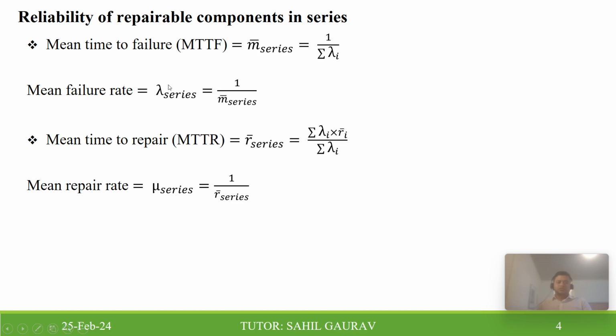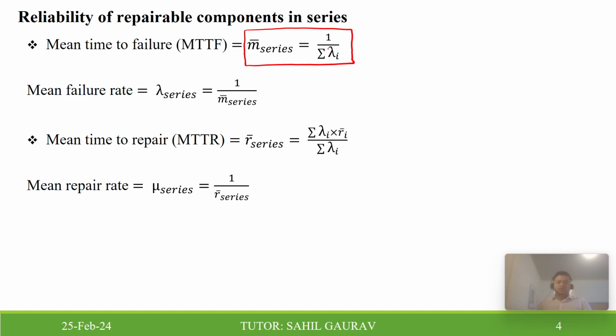Now, if you have repairable components connected in series, how can you find the mean time to failure, the failure rate, and the mean time to repair? The expression will come as this one. For each component, they give you the failure rate, and the summation of those failure rates gives sigma lambda i.